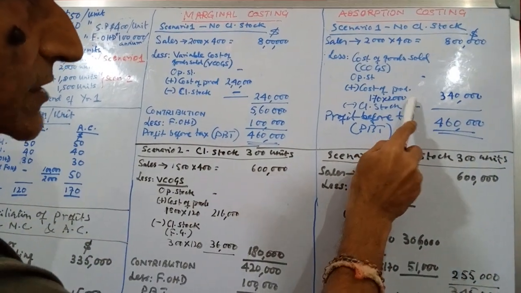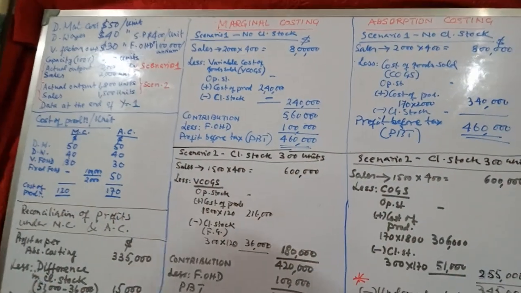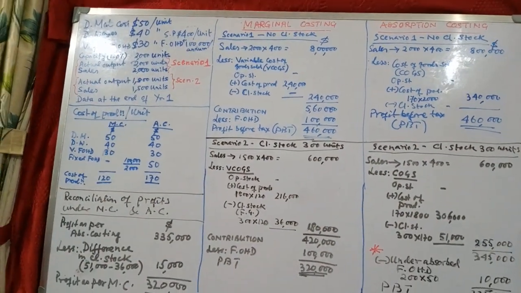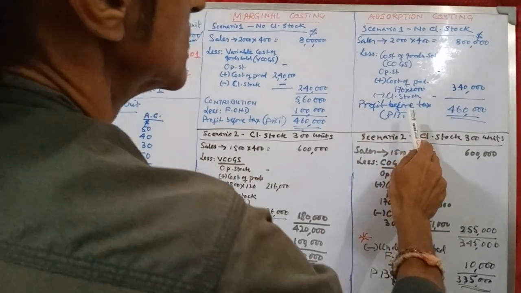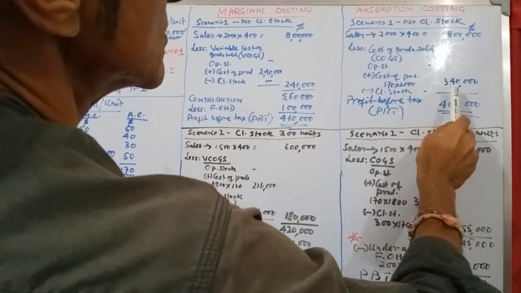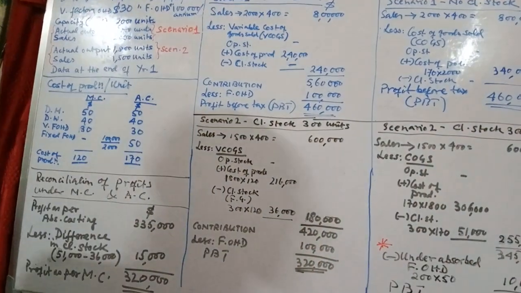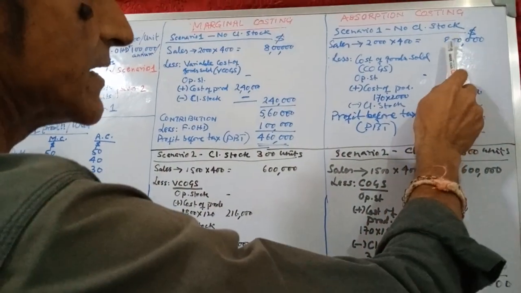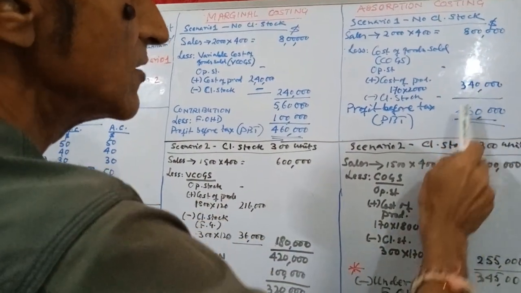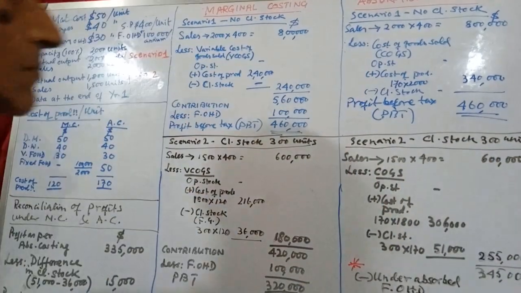And what is cost of production? 170 into 2000, actual output 2000, that gives us 340,000. So we straight away deduct it from sales, that is 800,000 minus 340,000, we get 460,000. This is profit before tax.